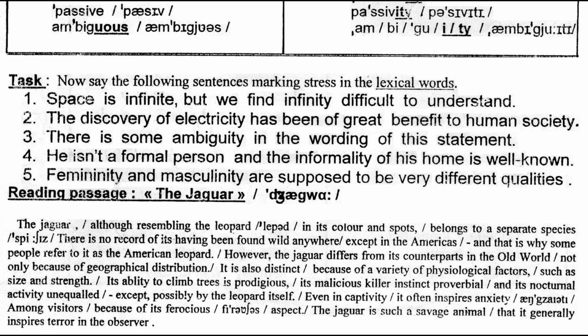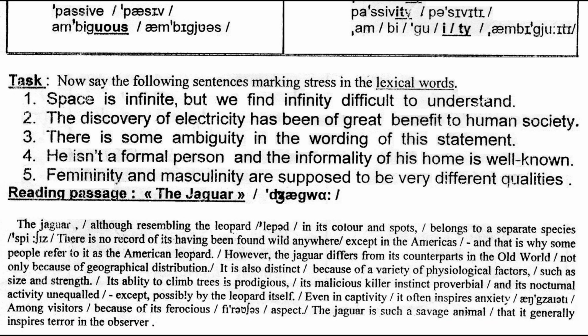I start reading. The jaguar, although resembling the leopard in its color and spots, belongs to a separate species. There is no record of its having been found wild anywhere except in the Americas, and that is why some people refer to it as the American leopard.